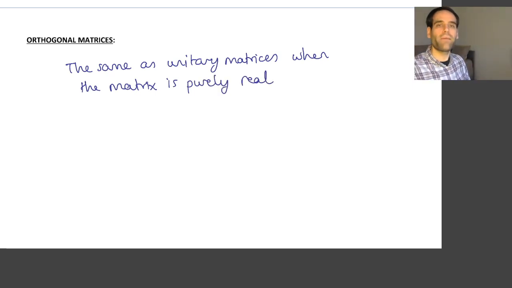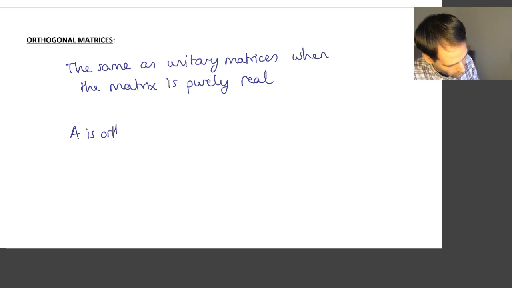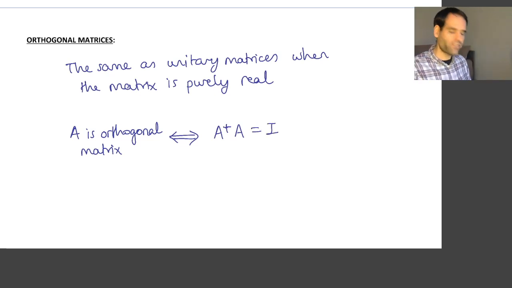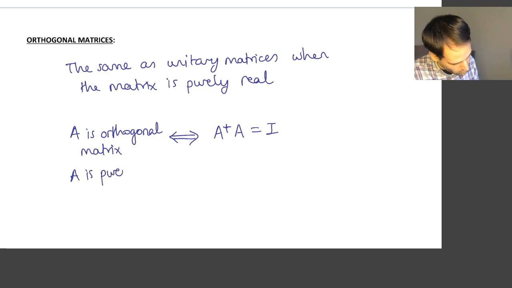So when all of the matrix elements are real, then instead of calling it a unitary matrix, we can call it an orthogonal matrix. So A is an orthogonal matrix if and only if, and now instead of A dagger times A equals I, since I'm saying that the matrix is purely real, we add the condition that it is purely real.